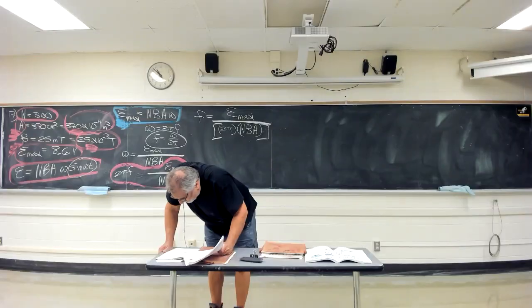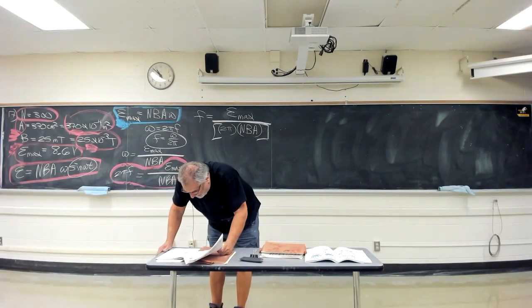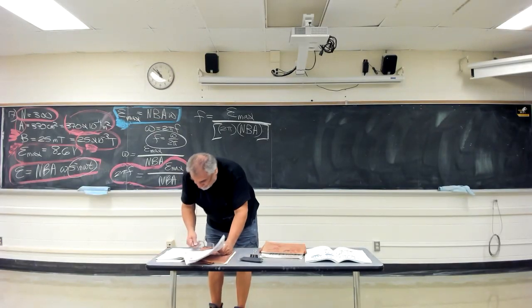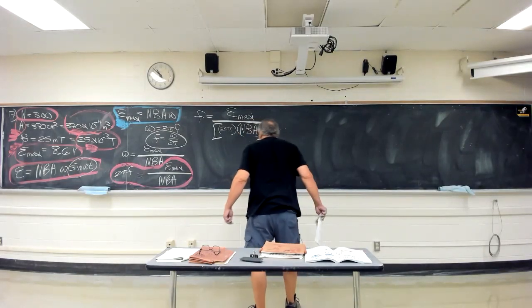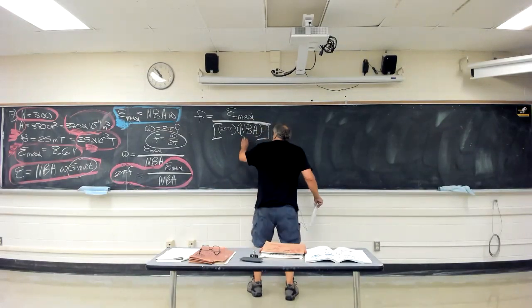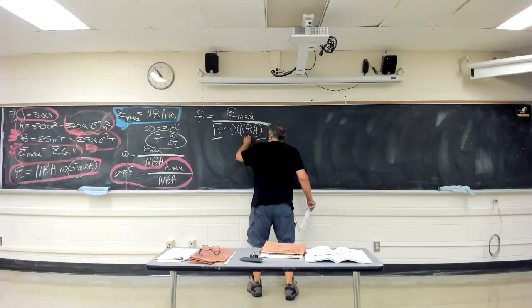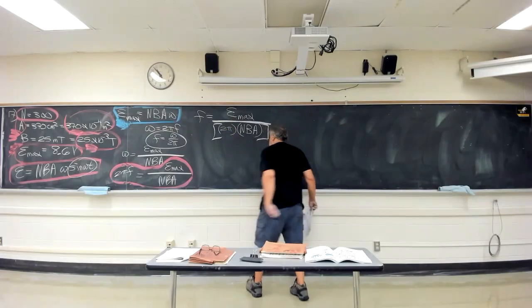A is 370 times 10 to the negative 4 square meters, and the B field is 0.025, 25 millitesla. Big N is 300. B is 0.025. A is 370 times 10 to the negative 4. 2 is 2, pi is pi. This right here is 8.6.